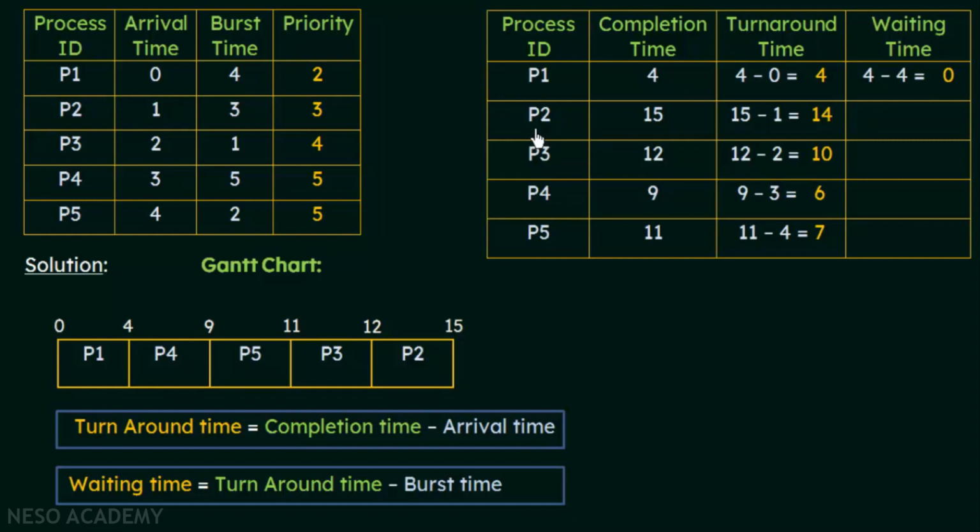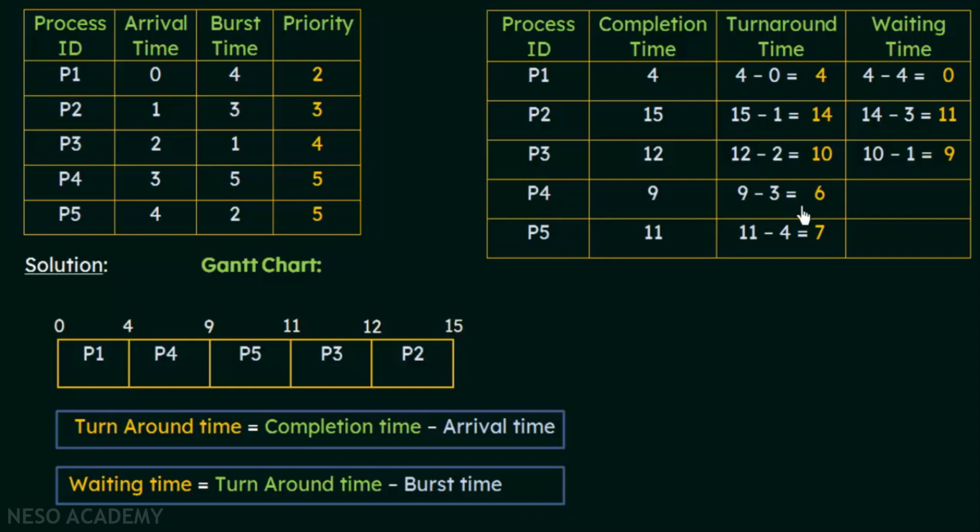So similarly for P2, what will be the waiting time? It is the turnaround time 14 minus the burst time of P2, which is 3 milliseconds. So that gives us 14 minus 3, 11 milliseconds. And for P3, it will be turnaround time 10 minus the burst time, which is 1. That gives us 10 minus 1, that is 9 milliseconds.